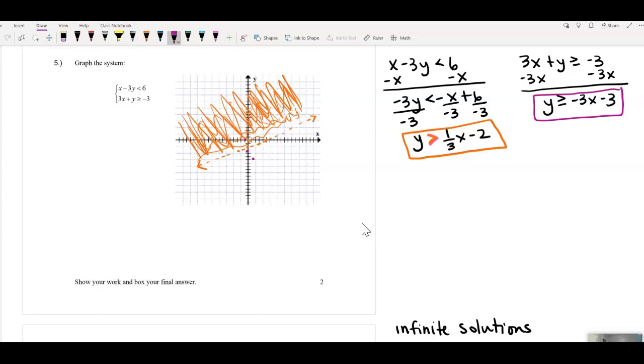Let me see here. 1, 2, 3. Oh yeah, 1, 2. Okay. I just have that one in kind of the wrong spot. And this one is a solid line. So I'm going to be drawing a solid line through here. And I know it's solid because it has that equal to part.